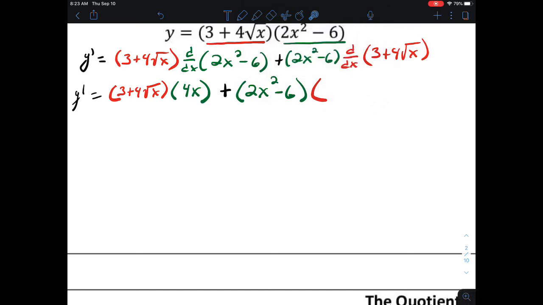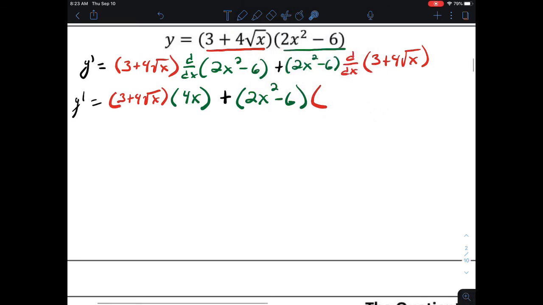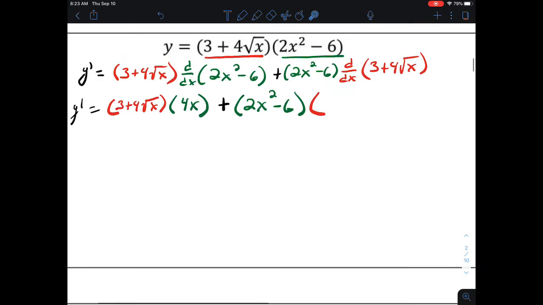All right, well, here's what we got. The derivative of 3 is 0. Now I want to take the derivative of 4 times the square root of x. I'm going to go down here below it and say, how would I do the derivative of 4 times the square root of x? Well, rewrite the radical as x to the 1/2 power. And then do your power rule.